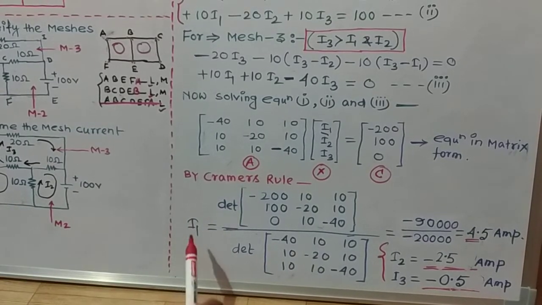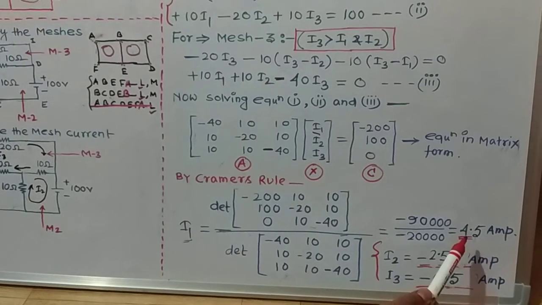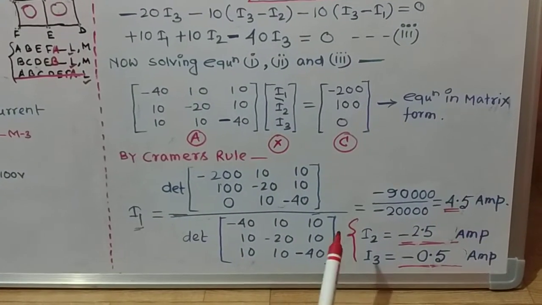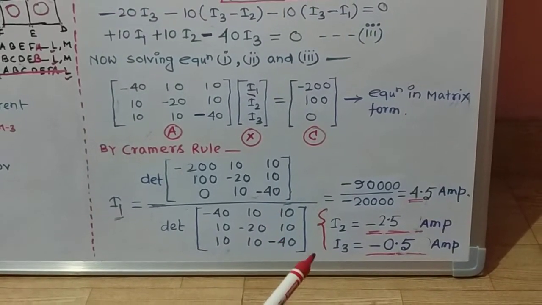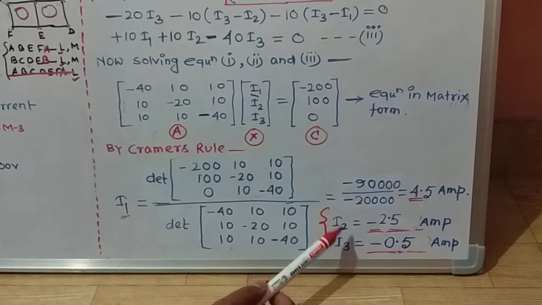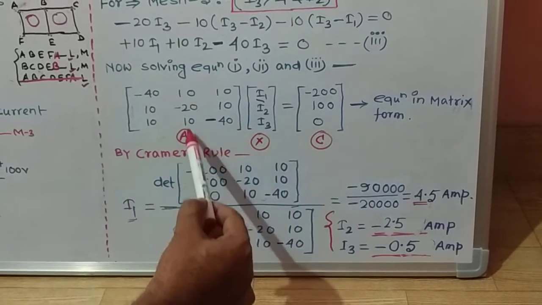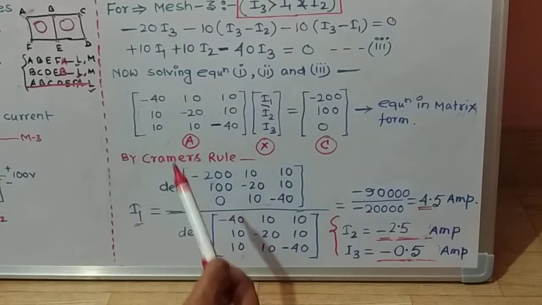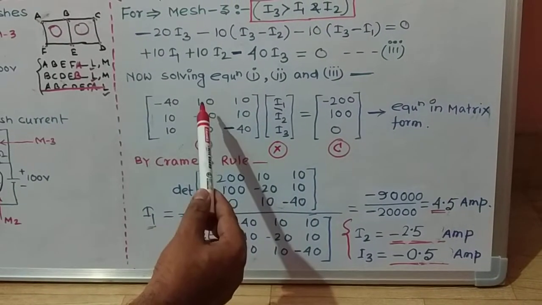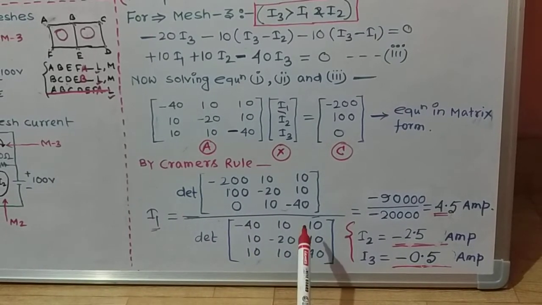If I do this, I1 will be 4.5 ampere. Similarly, you can also calculate I2 and I3. For I2 we replace the constant term in the second column, take the determinant with this, and divide by the original matrix determinant.